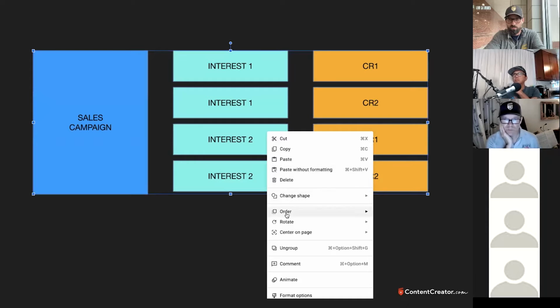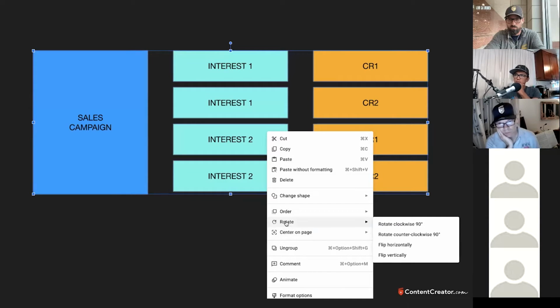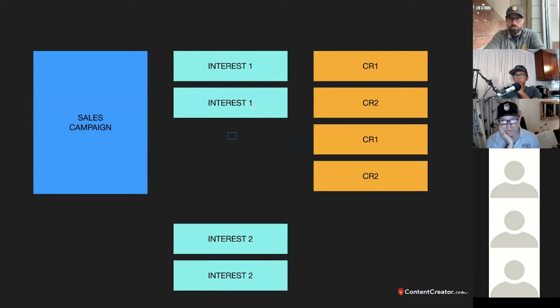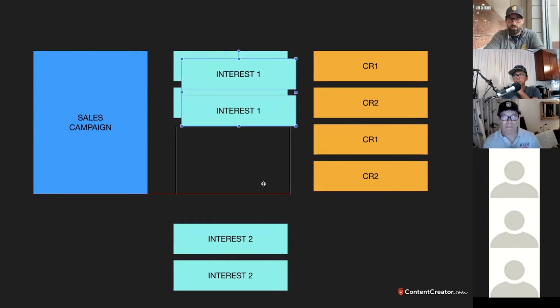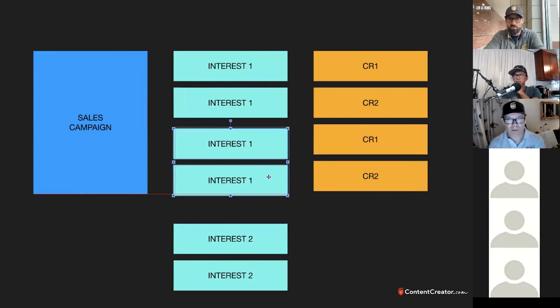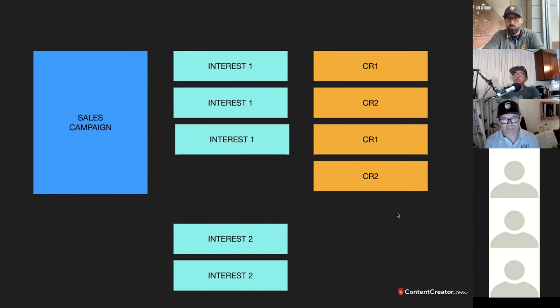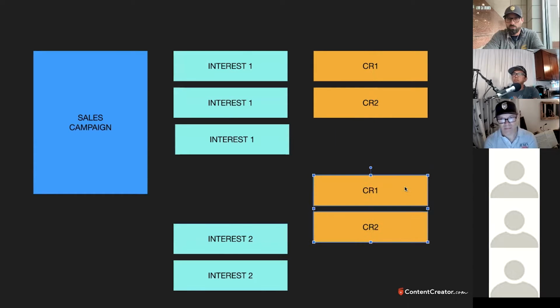Hold on. Or ungroup. So you would have, what did you say? Well, just make it simple. Make it three interests and 3 ads, maybe. Okay. So then you would have interest 1, 2. You would have 3 of those.